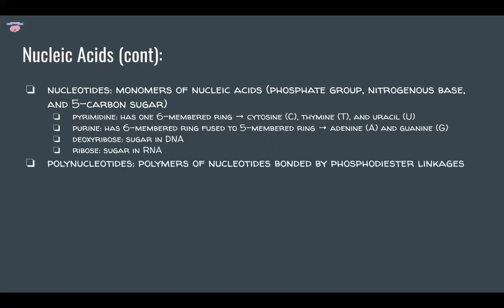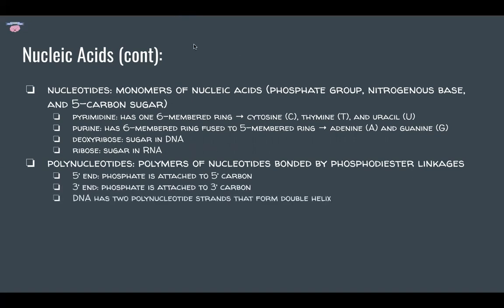Polynucleotides are polymers of nucleotides bonded by phosphodiester linkages, another type of linkage. The 5' end of a polynucleotide is where the phosphate is attached to the 5-carbon, and the 3' end is where it's attached to the 3-carbon. So if this was one nucleotide, the polynucleotide would look something like this.